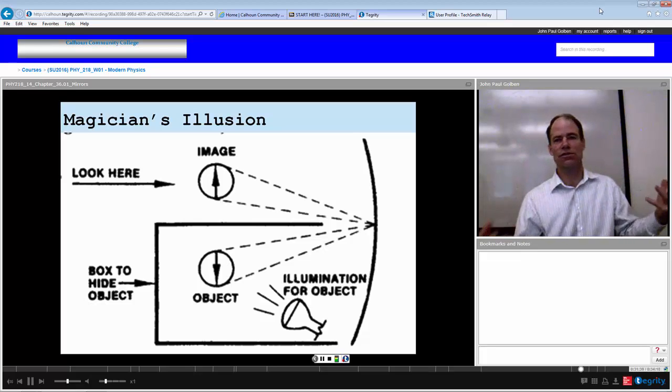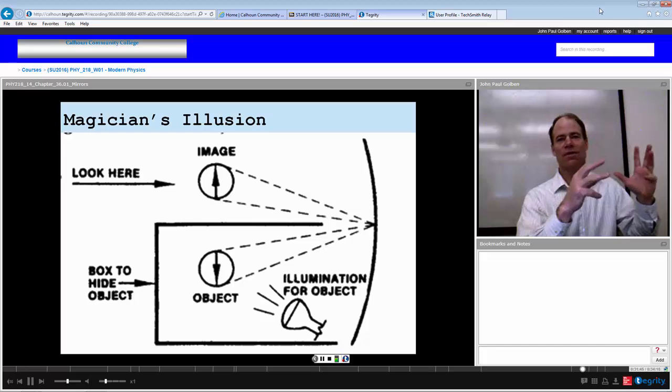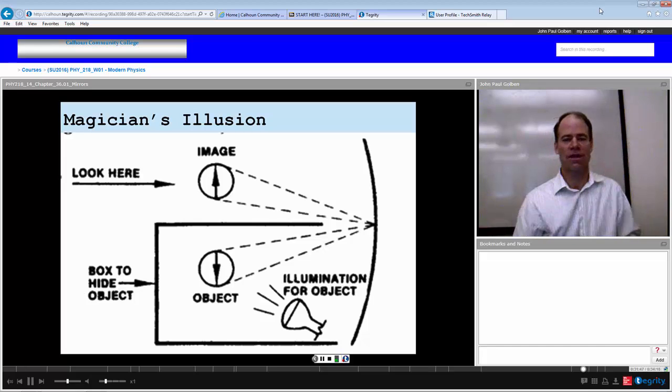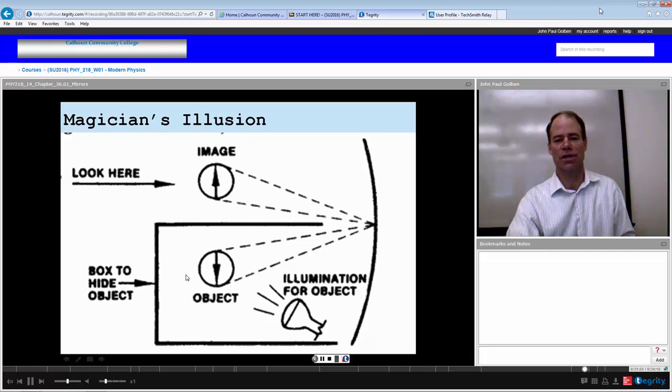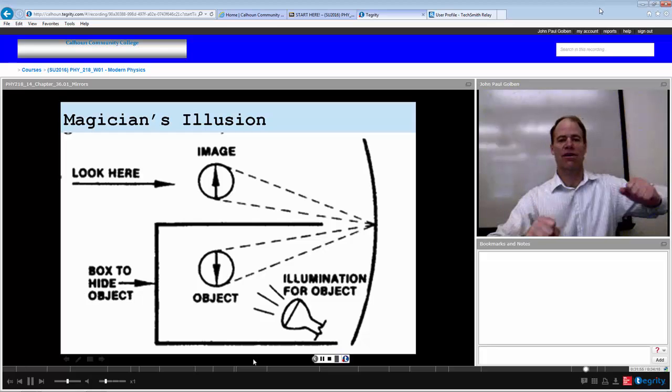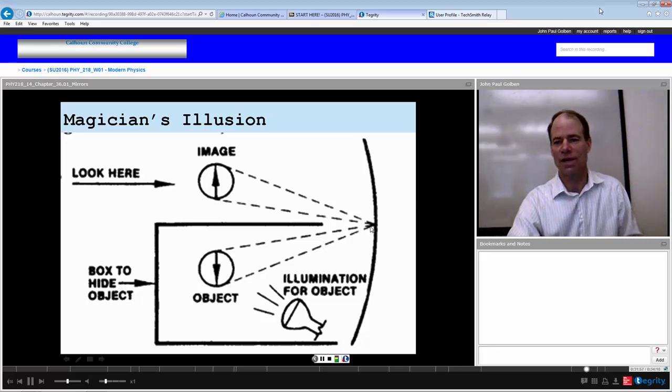If the resolution is good, it would appear to you like the object was actually there. So if you wanted to make it disappear, you could have somebody move in and cover up the object so that the light never makes it to this mirror, and all of a sudden your image will disappear.